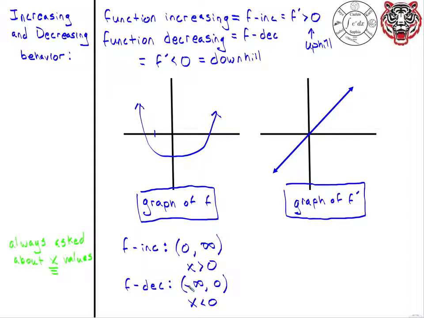And the reason I did negative infinity and then 0 is because I always write my smaller value on the left and my greater value on the right for interval notation. The more negative values are on the left and the more positive values on the right. Negative infinity is still a big number, it's just a big number in the negative direction.